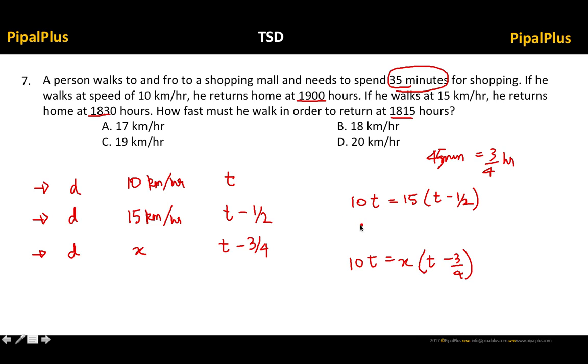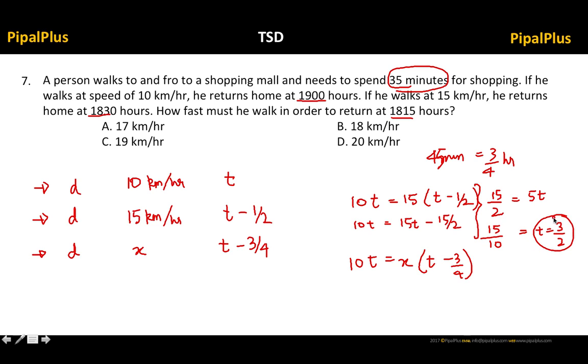We get 10t here, and we get 15 times (t minus 1/2), which is 15t minus 15 by 2. So I'm going to take 15 by 2 to the left hand side, and 10t to the right hand side. So 15t minus 10t becomes 5t, and I get t equals 15 by 2 divided by 5, which is equal to 3 by 2.